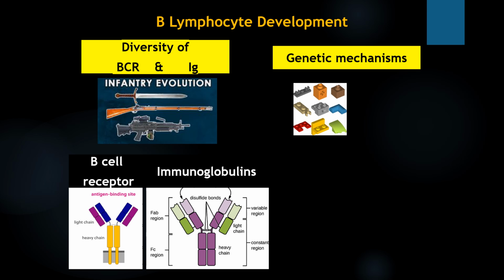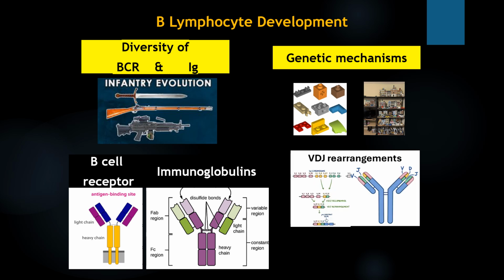And there we have many genetic mechanisms, and I showed you this mechanism of few components that organize in different ways, rearranged, to create a lot of diversity. And I told you that there are multiple mechanisms that we will talk about in class that do that to produce more diversity in the immune response during the B lymphocyte development.